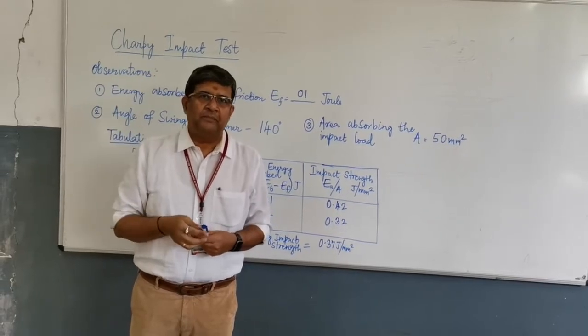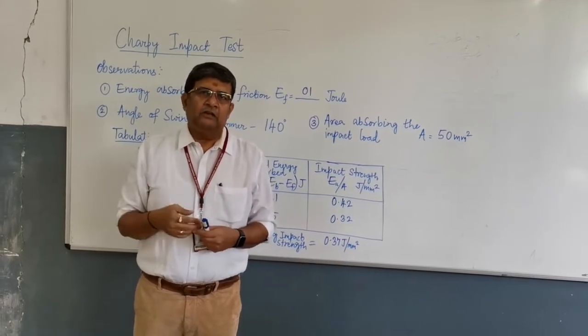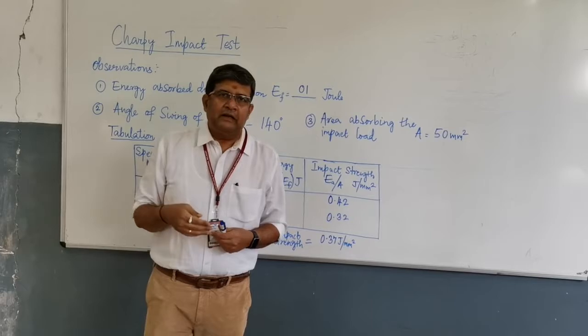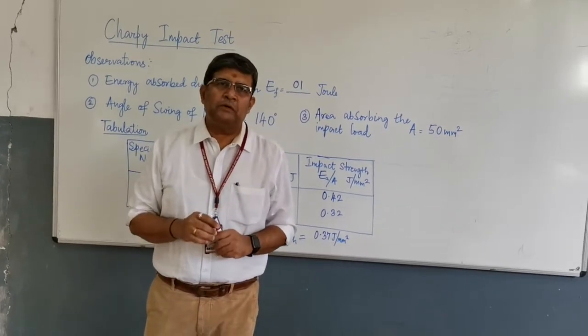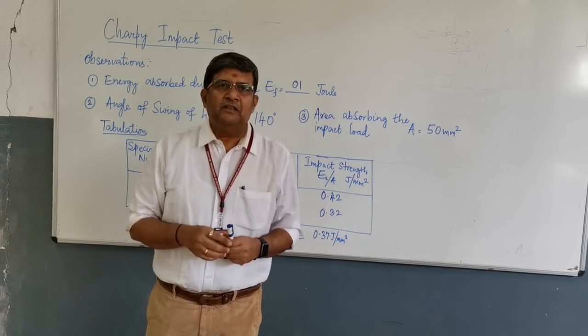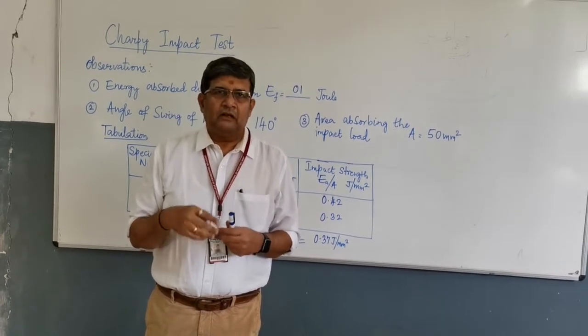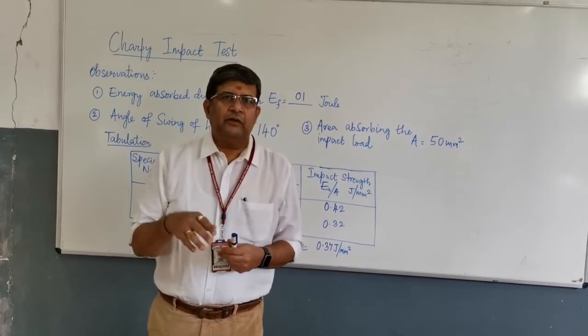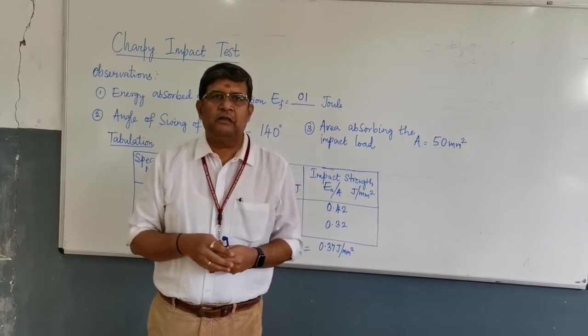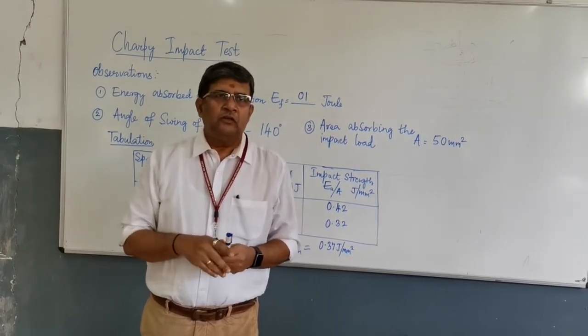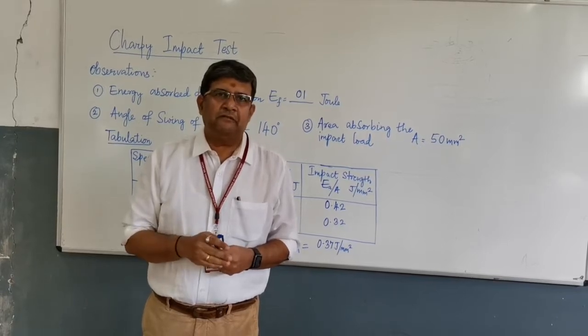This tells us that the Charpy test is normally conducted on materials which are harder, more tough, and you can conduct Izod on materials which are slightly softer. So these are the basic differences.